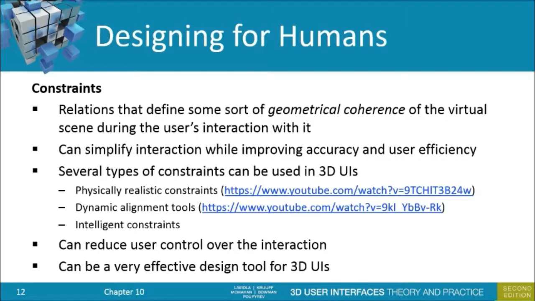And there are several types of constraints that can be used in 3D user interfaces. For example, physical realistic constraints. And it is very popular nowadays to find a physical realistic constraint.